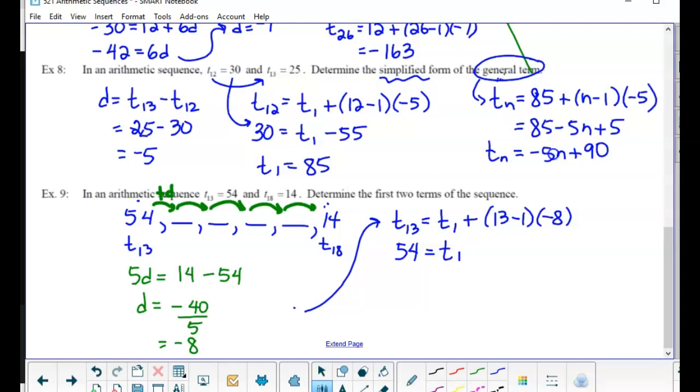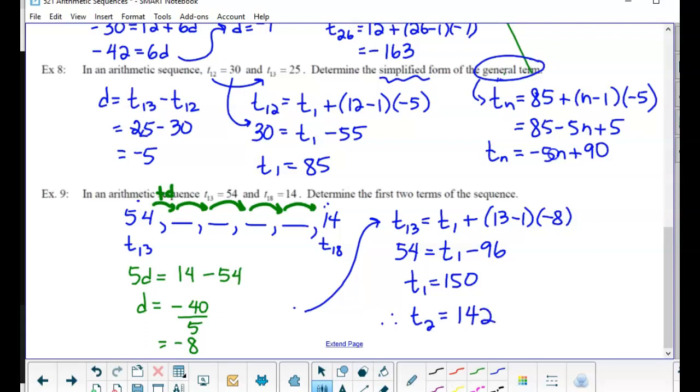And 12 times negative 8 is negative 96. So 96 plus 54 is 150. You know T1 needs to be bigger than 54 because the common difference is negative. And then T2 would be 8 less than that, 142.